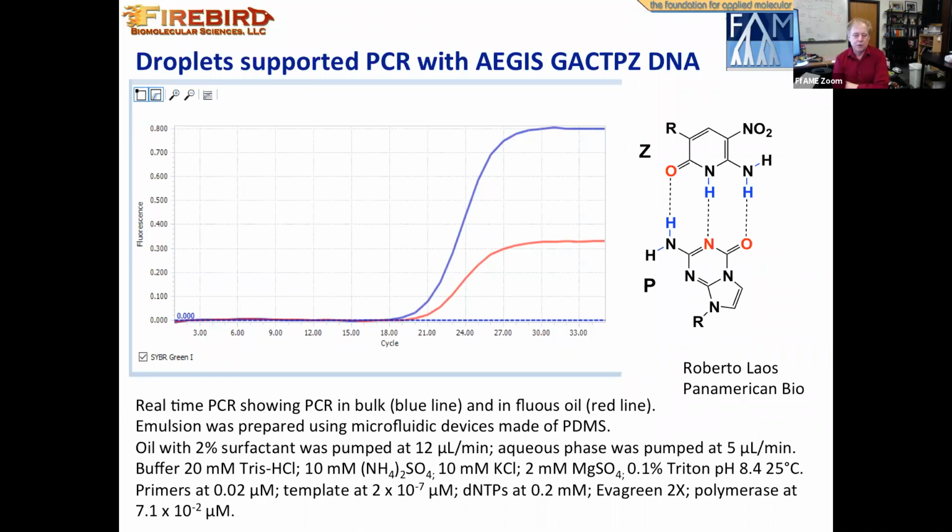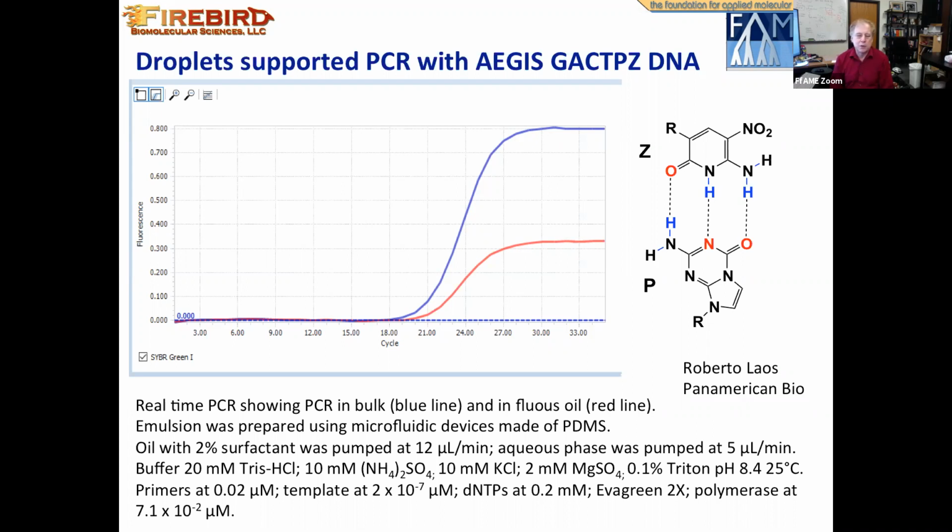So these emulsions were prepared using a microfluidic device like I just showed you. This is a microfluidic device made by casting silicon. The oil has about 2% surfactants. It's pumped into this aqueous phase, which I just showed you the picture of, in this buffer. And the volume in the droplets is about 30% of the total volume of the solution.